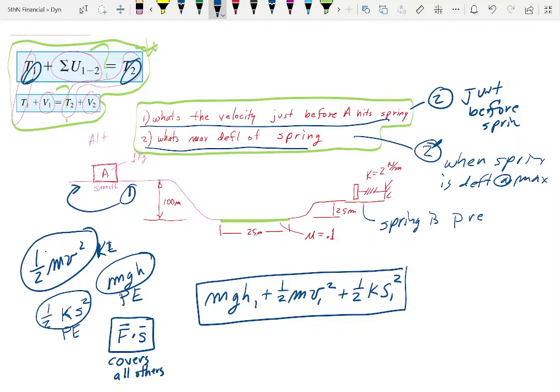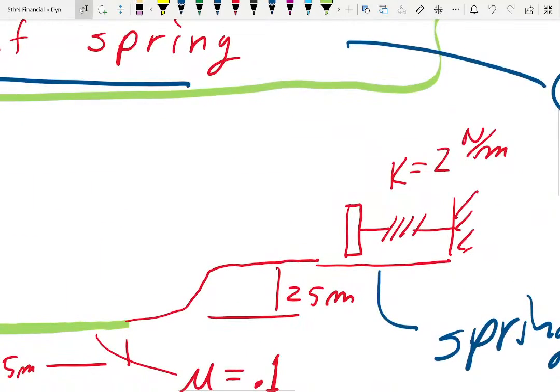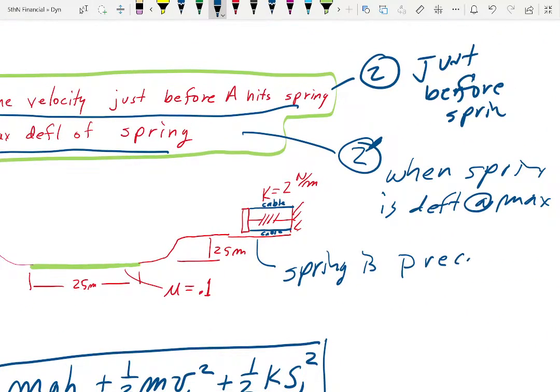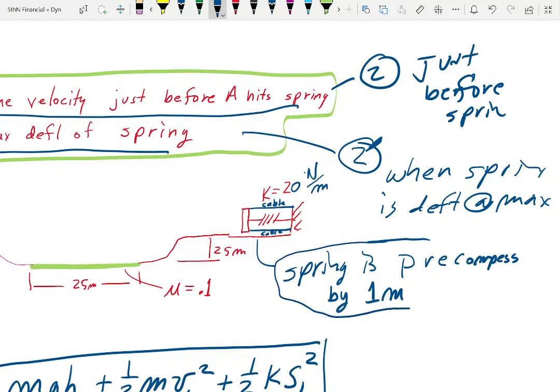He'll show that in the book with a little cable attached here and here, saying the spring is pre-compressed by 1 meter. That's quite a bit, but I don't have a high K there, so maybe I'll make it 20 newtons per meter.